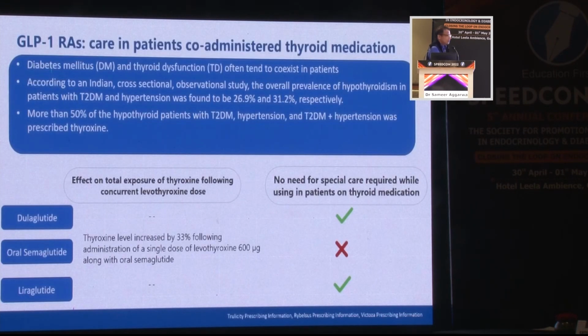So another thing is that dulaglutide can be given at any point of the day. You need not give it in a fasting state, whereas some GLP analogs like oral semaglutide have to be given in the fasting state, and the patient doesn't have to eat for the next half an hour. That sometimes is cumbersome for the patient, especially if they are on other drugs which have to be taken in the fasting state, like thyroxine.